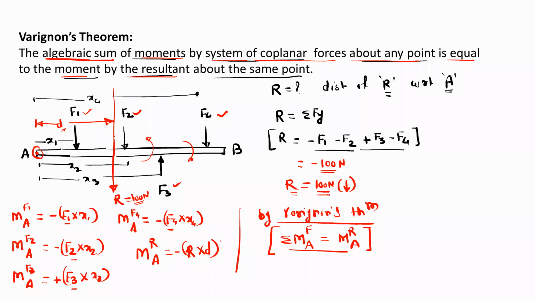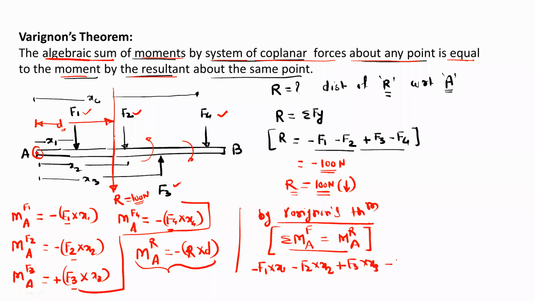So summation of moment means what? We have to add all these moments. Okay, and we have to equate this moment with this equation, R into D. So we can write the equation as: first is minus F1 into x1, then minus F2 into x2 plus F3 into x3 minus F4 into x4, it is equal to minus of R into D. Okay, and then if you put the values of F1, x1 and R, we will get the D value.